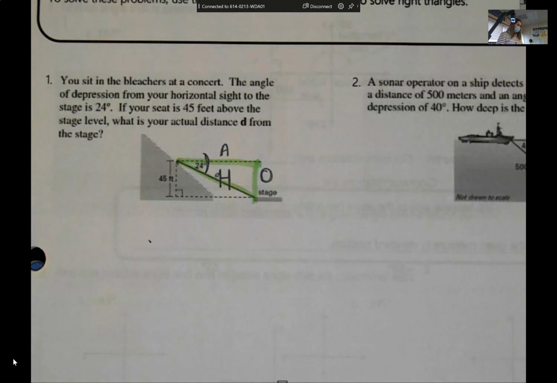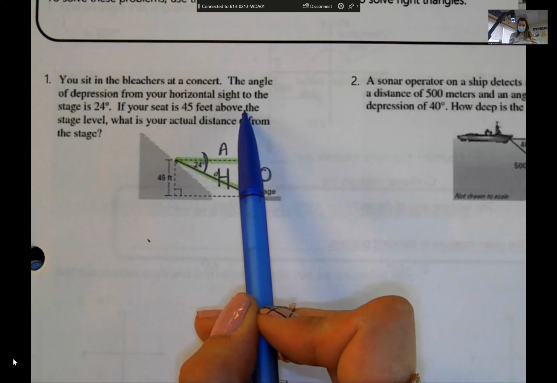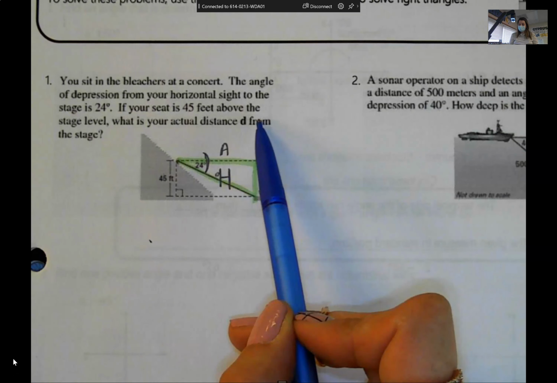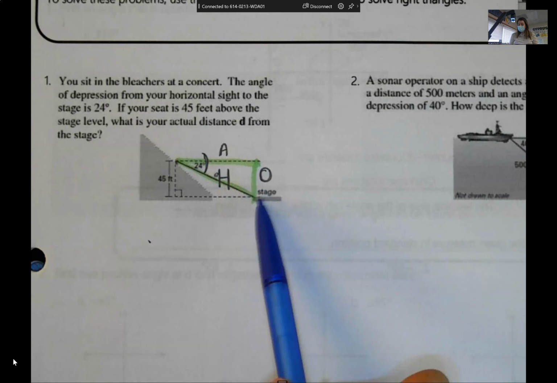So they give me an angle, and based off of that angle, I label AOH. If your seat is 45 feet above the stage level, what is your actual distance, or D, from the stage?